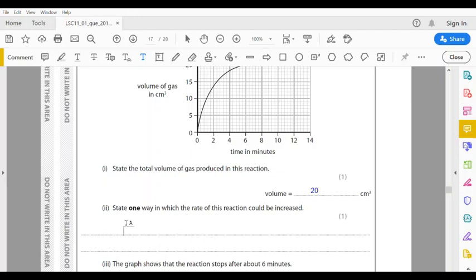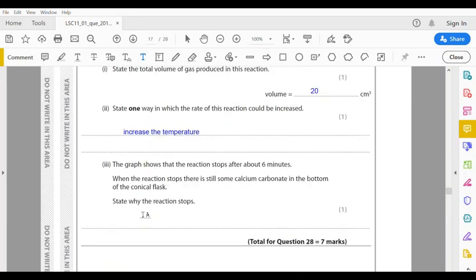One is increasing the temperature, and you can increase the concentration of hydrochloric acid, so it will increase the reaction. Or you can make the small pieces into powder, calcium carbonate into powder.